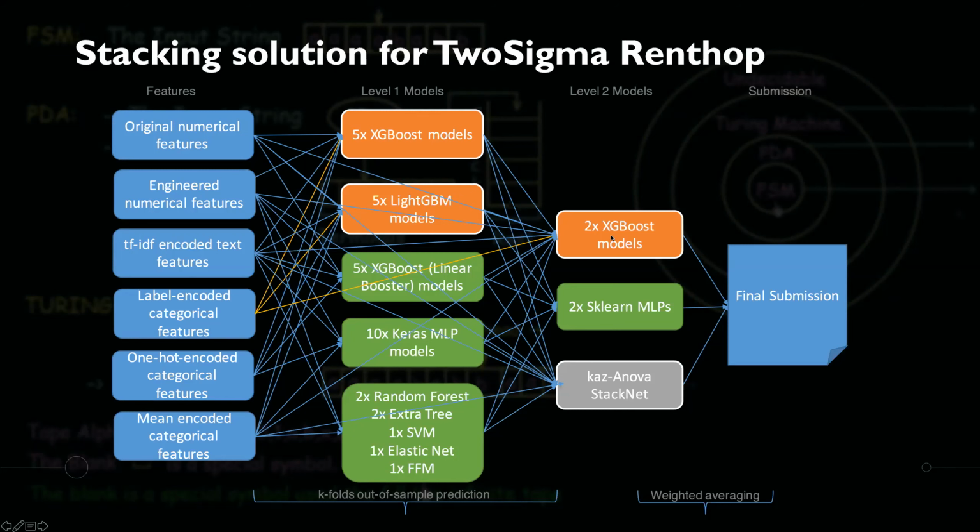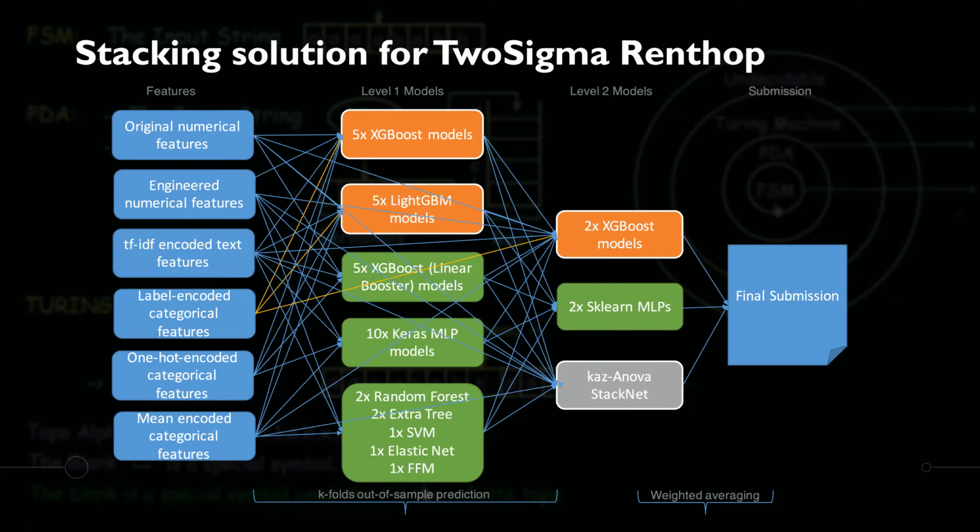So that's why for the second layer of the stacking models, I use different strategies to select the features that will be used. By the end of the day, the Kaggle stacking is just a black box which automates the stacking process on the fly.